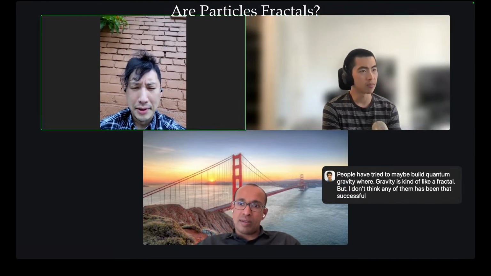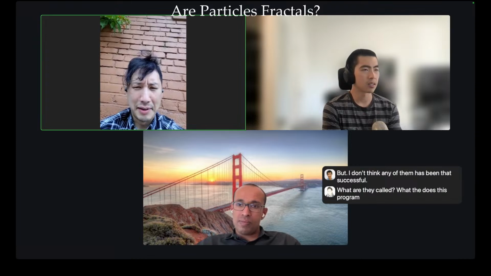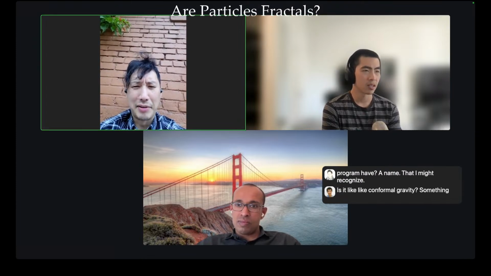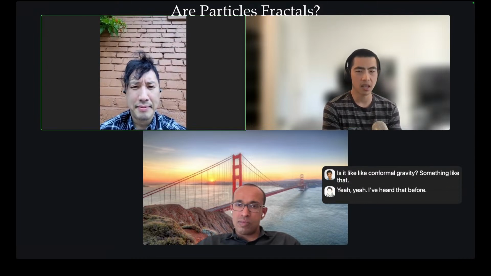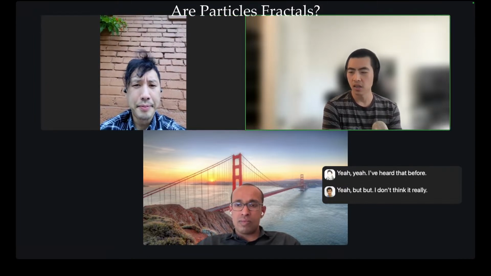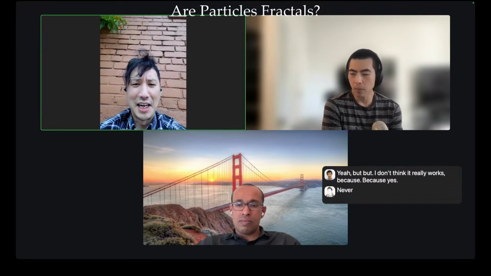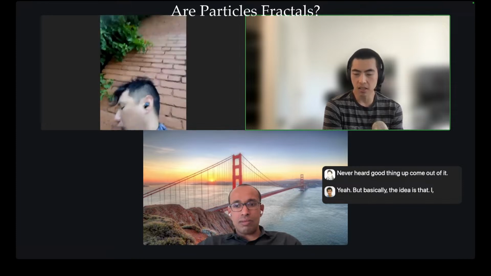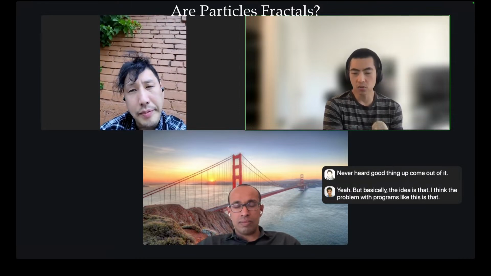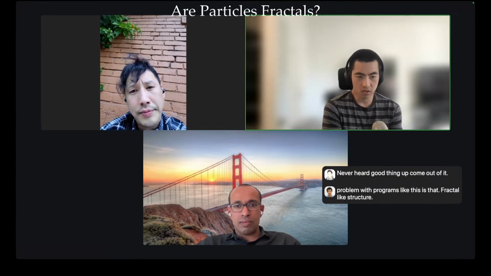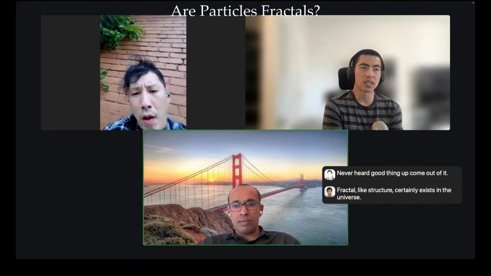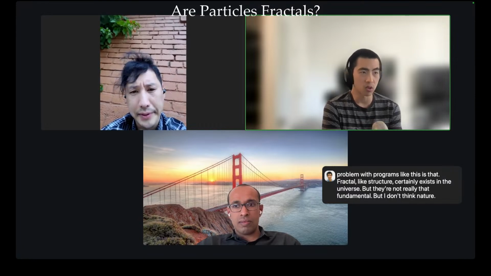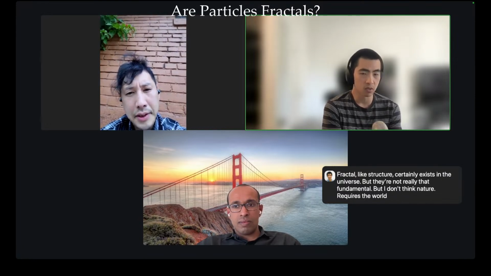Does this program have a name I might recognize? Like conformal gravity, something like that? Yeah, I've heard that before. But I don't think it really works, I never heard anything come out of it. Basically, I think the problem with programs like this is that fractal-like structures certainly exist in the universe, but they're not really that fundamental. I don't think nature requires the world to have similar behavior.